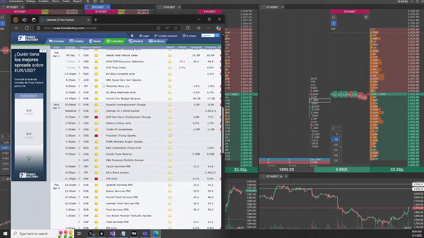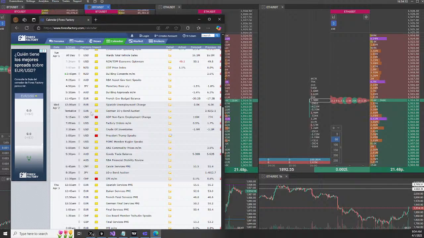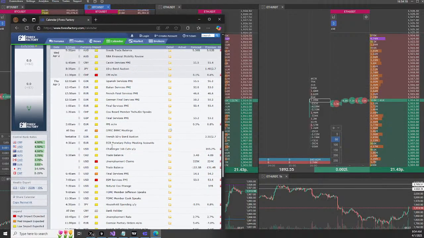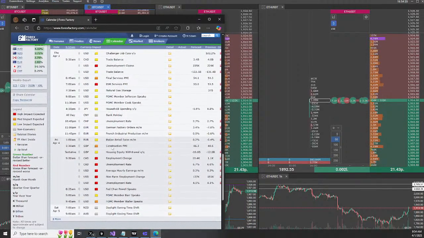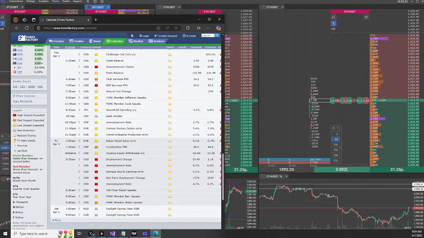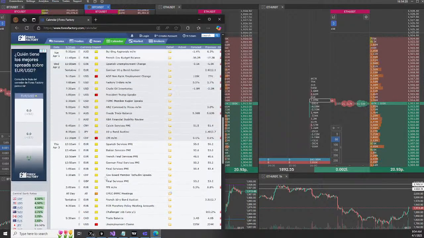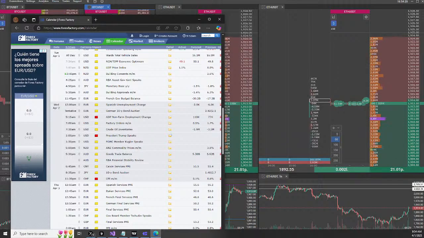So all this week, for example, today is Tuesday, but Wednesday is always a very good day to trade. There will be good volatility, and of course, on Friday, there will be a lot of red folders as well.